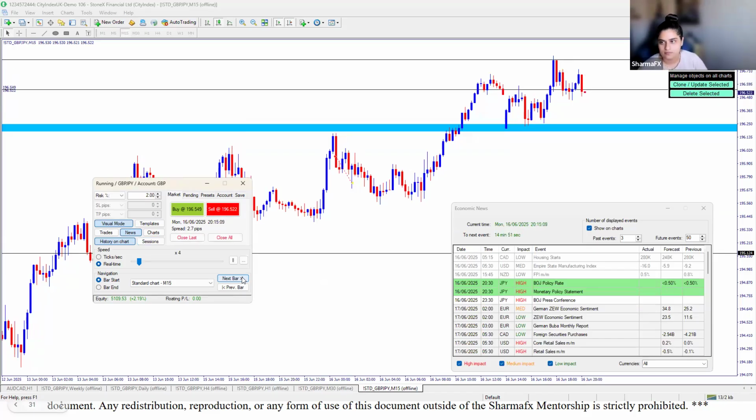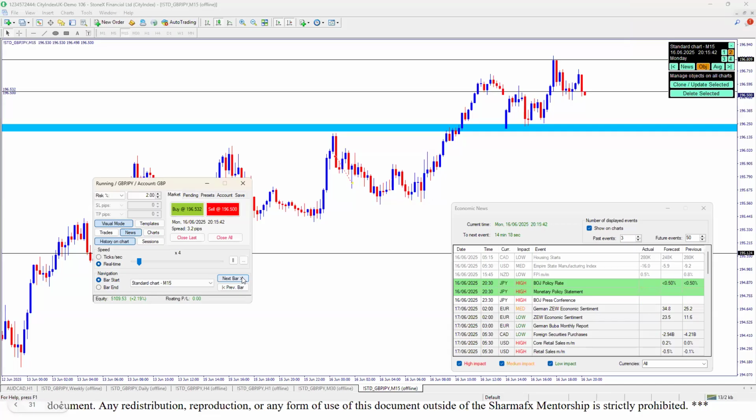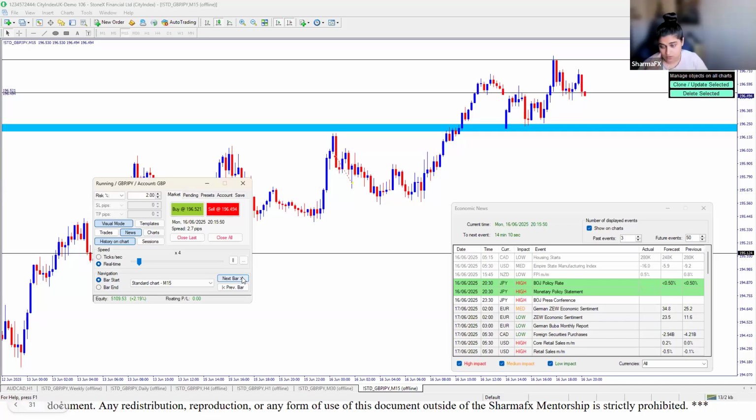All right, you got about 15 minutes. What I want you guys to really pay attention to, and I can speed this up a little bit, is how the market starts preparing and how it starts moving 10 minutes before news comes out. So I want you to see the difference 10 minutes before, 15 to 10 minutes before news comes out, and then the volume after the news comes out.